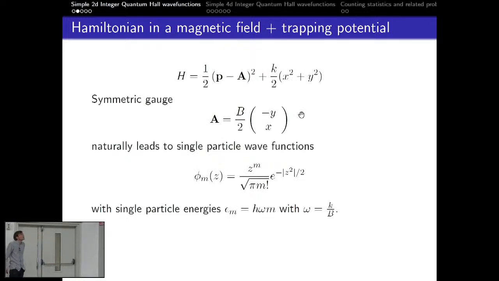One way to get this integer quantum Hall effect is to do quantum mechanics. For most of this talk there won't be any interaction, so it's all described by a single particle Hamiltonian with momentum p.